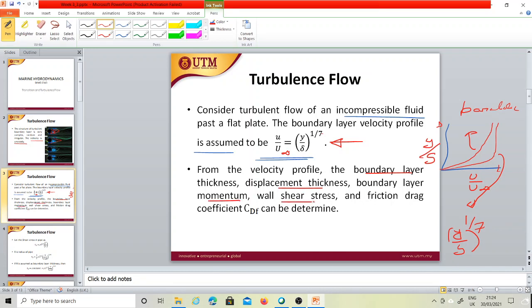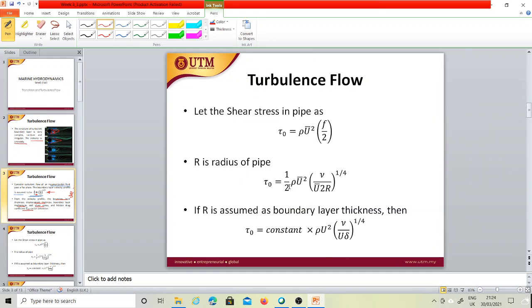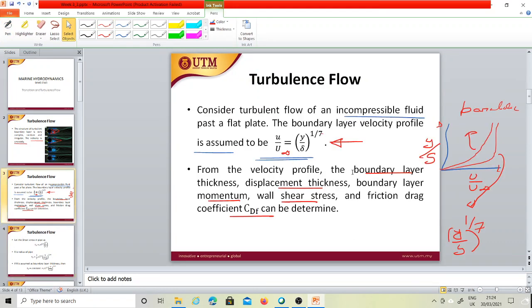Momentum thickness. We can also derive the wall shear, frictional drag. All the things can be determined. Okay, so we will solve the problems later on. You already know how to get the displacement thickness and momentum thickness, so we will learn more about the wall shear and then frictional drag in the class.